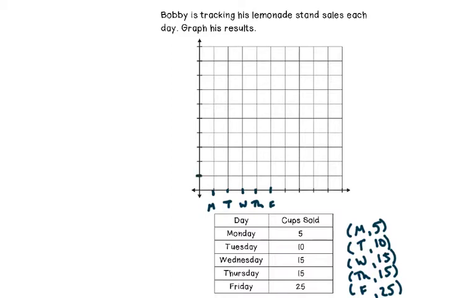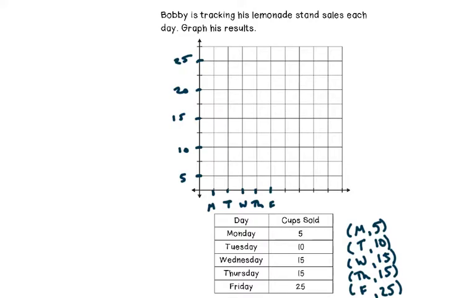So I'm going to just label it here so I remember. 5, 10, 15, 20, and 25. And if you'll notice, I didn't scrunch them all together. This is just to help me kind of spread it out. But notice that I stayed consistent each time. I didn't go up by 1 and then go up by 5 and then go up by 10. I stayed consistent in my labeling, and that's very important.